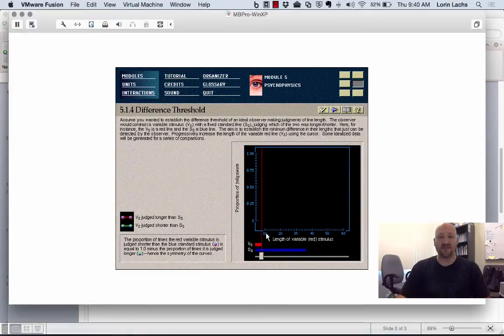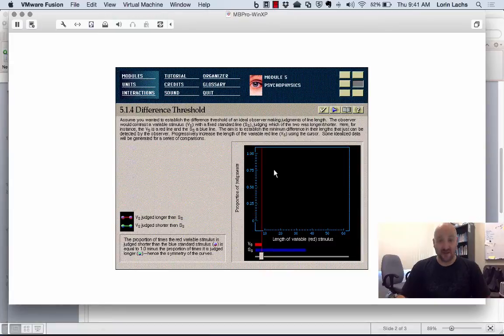And we're going to plot the results on this psychophysical axis. Again, on the x dimension, we have the physical dimension of the length of the red stimulus. And on the y-axis, we have the proportion of responses that were yes. So remember, the question is, is the red line longer than the blue line? And we're going to plot how many times people say yes.